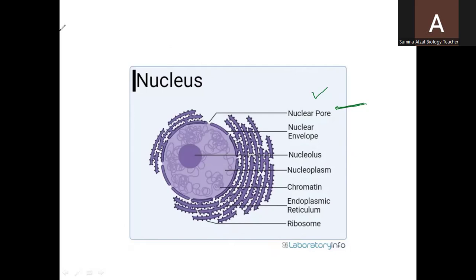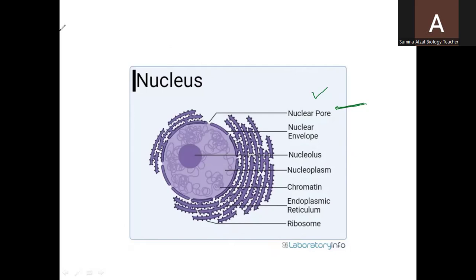So in this way, you can see that the nucleus is a very organized part of the cell, and it is a very important part which controls the activities. Nucleoplasm is also there, a jelly-like substance present inside.